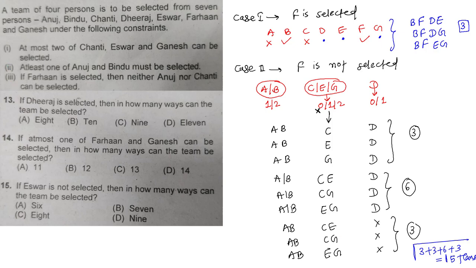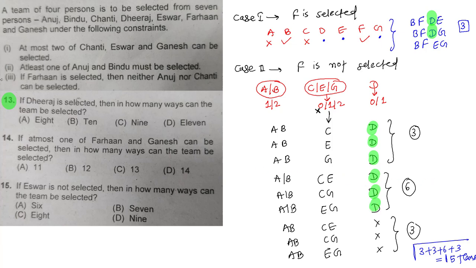Okay, so now let's have a look at question number 13, 14 and 15. We will be solving question number 13. If Dheeraj is selected, then in how many ways can the team be selected? Dheeraj is a must, everyone. So 1, 2, 3, 4, 5, 6, 7, 8, 9, 10, 11.